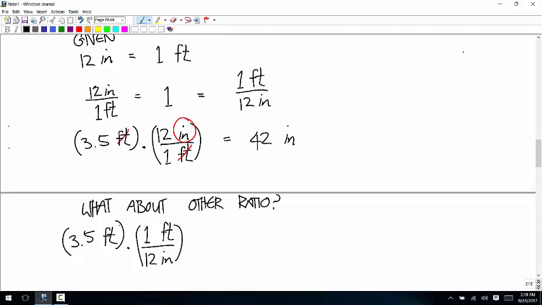Now nothing cancels out. And so if we go through the calculation, 3.5 divided by 12 is, so you get like 0.2917 feet squared over inches.